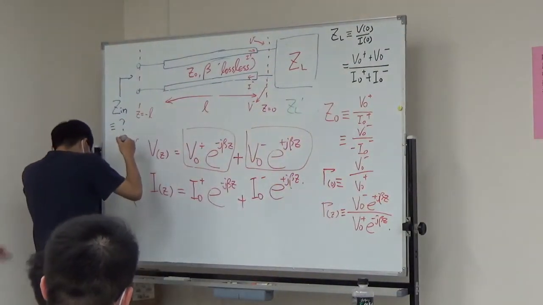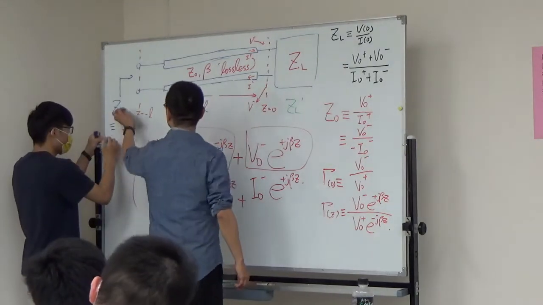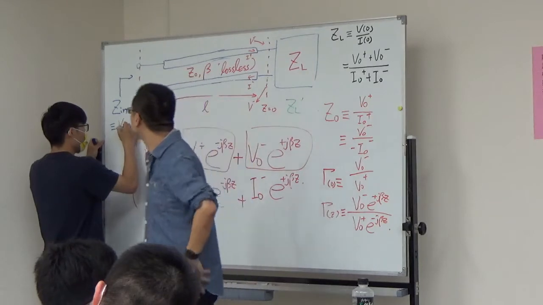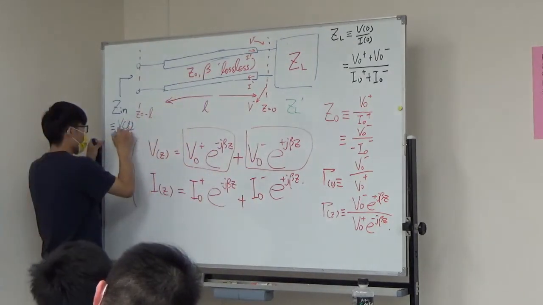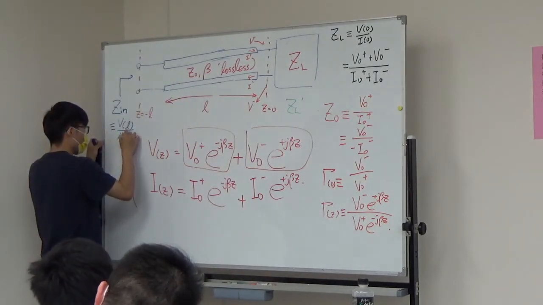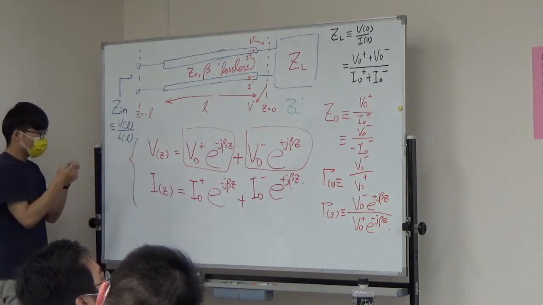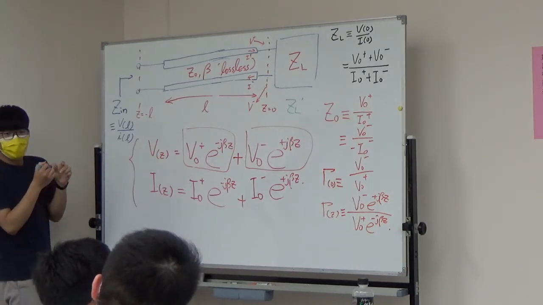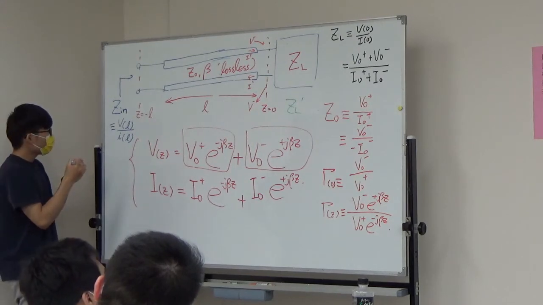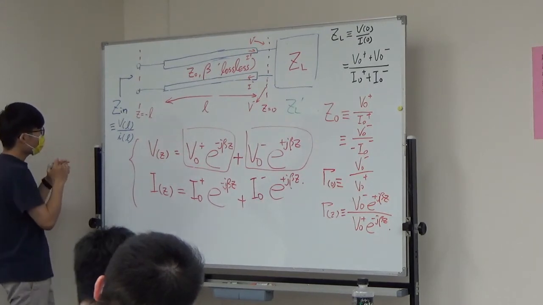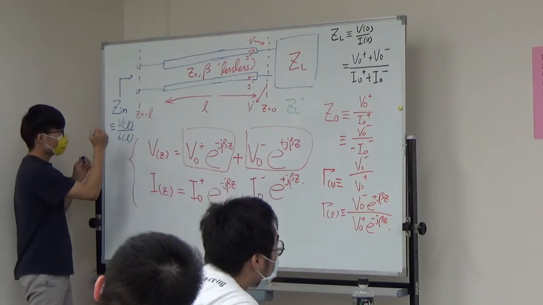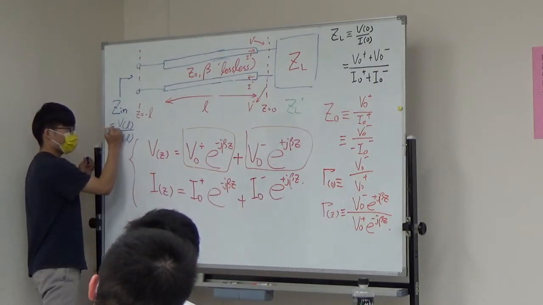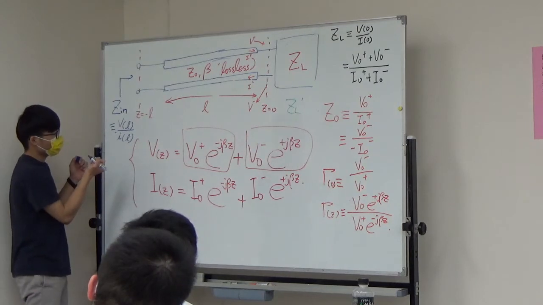So Z in, you can erase it. Minus. 负号，一个 L。 I see you got a point.